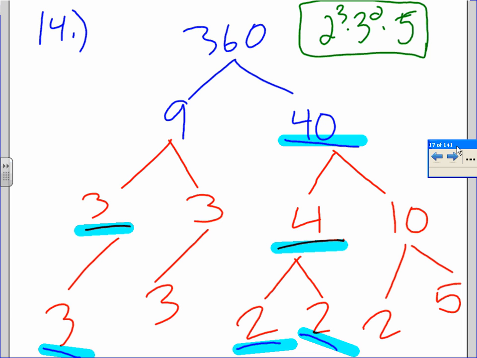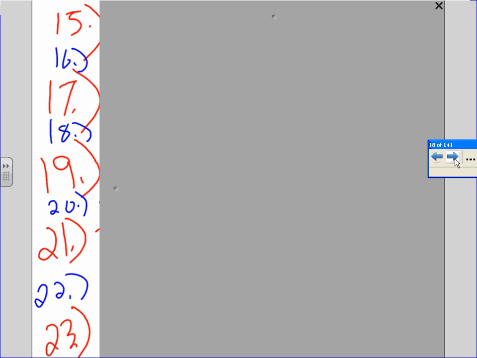Okay, 14. You guys needed to fill in a 3 and a 4, and then a 3, a 2, a 2, and that was it. And then the prime factorization should be 2 to the third times 3 to the second times 5. Okay, Mary, what did you get for 15? 2 to the what?